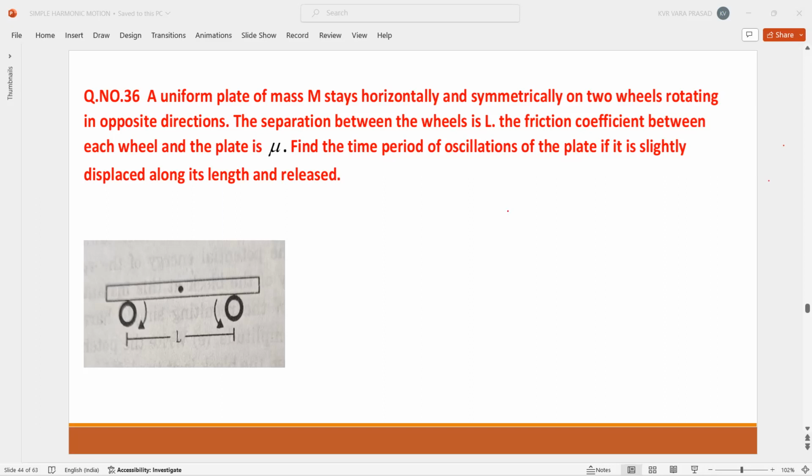See how we are starting the problem. They're asking to find the time period of oscillations of the plate if it is slightly displaced along its length and released.